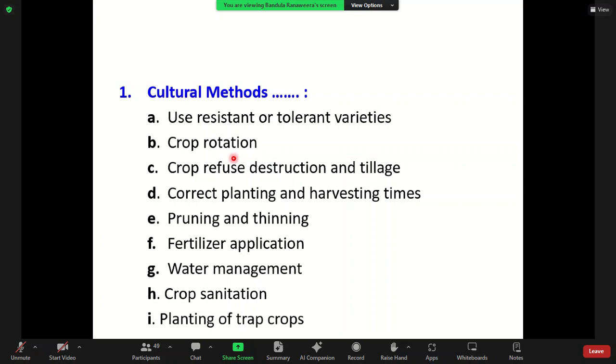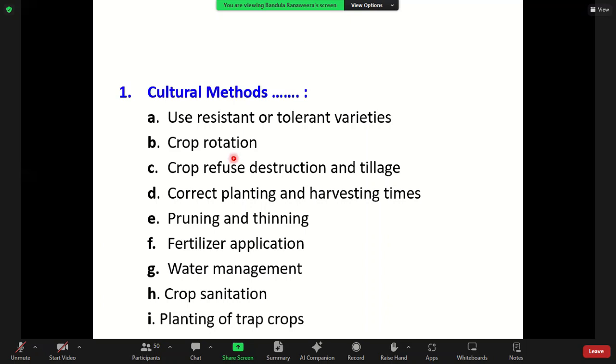So crop rotation is another method of disease management, a cultural practice. It is a normal practice that is applied for better crop production. We can use it for disease management also.